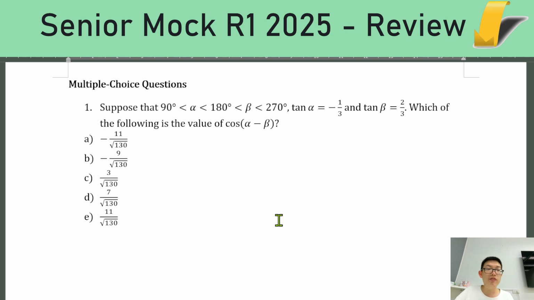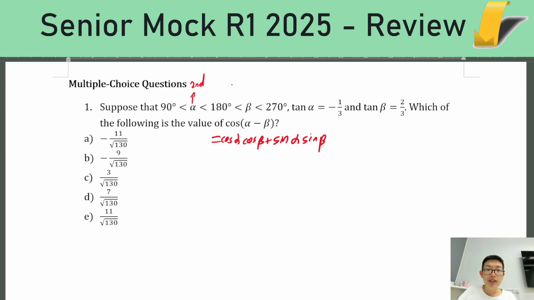So for example, for trigonometry, you have to know that cosine of alpha minus beta is cos alpha cos beta plus sin alpha sin beta. You have to know that, there's no way around it. You should also know that from tangent, you are able to get sine and cosine, especially when you know the quadrants, right?